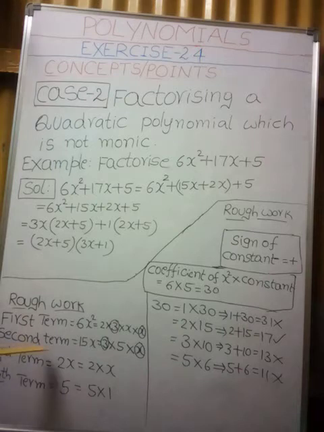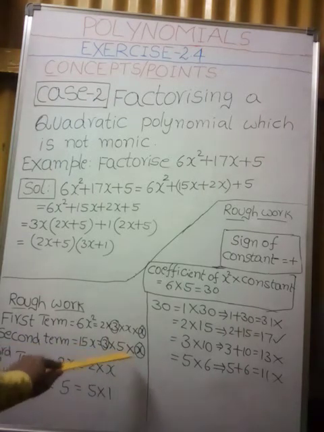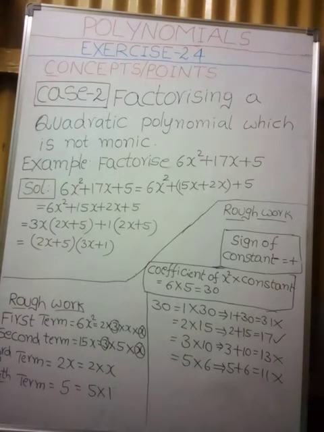Right. Now come to the second term, 15x. Here 15 can be written as 3 into 5. Don't write 1 into 15 because 15 is a composite number. It is not a prime number. What I said here, you should write all these numbers as a product of prime numbers. Okay, my dear children? So this 15x can be written as 3 into 5 into x. Understood these 3 factors?